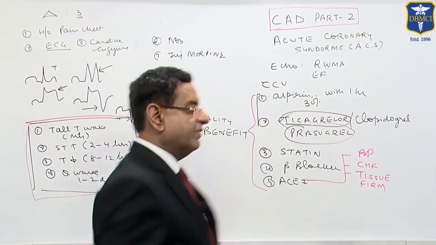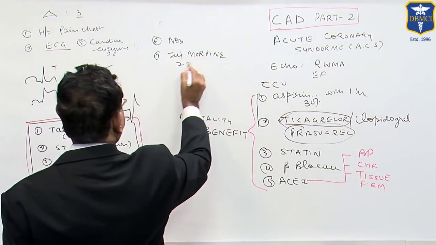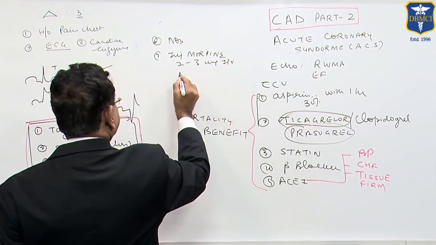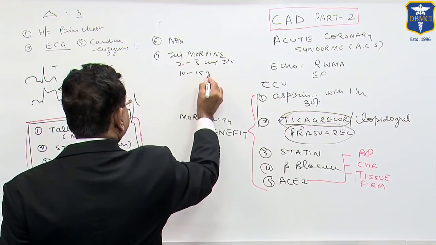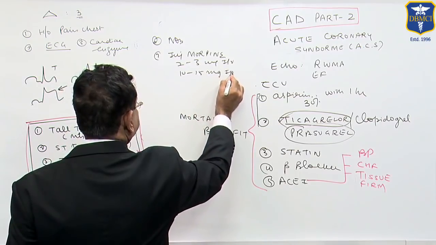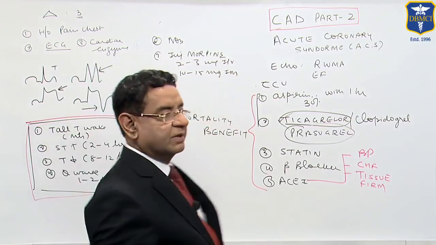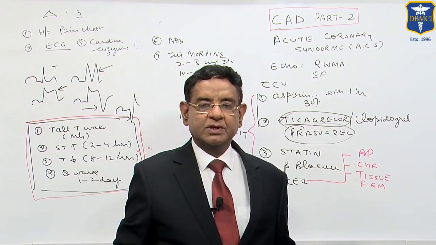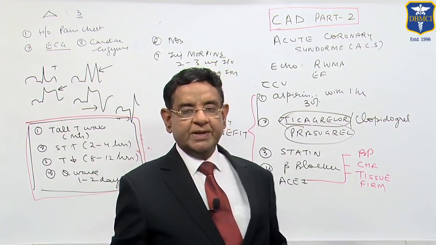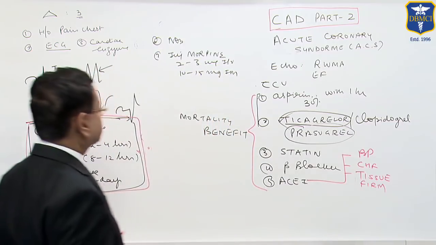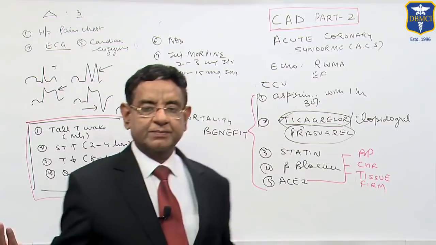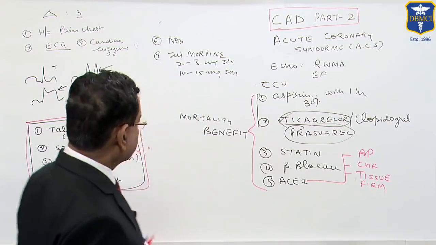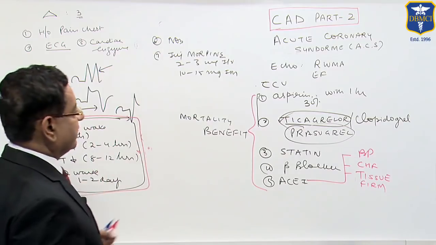When we give IV, it is 2 to 3 milligram IV, but we can give 10 to 15 milligram IM. Then the other supporting things are, of course, you have to control the BP and you have to control the blood sugar. That is the additional thing that we do in these patients, right? This is the acute management.